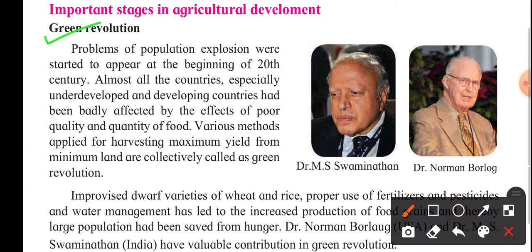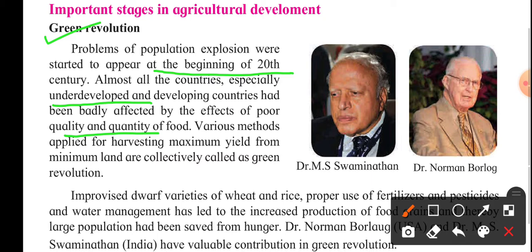The problem of population explosion started to appear at the beginning of the 20th century. Almost all countries, especially underdeveloped and developing countries, had been badly affected by the poor quality and quantity of food.